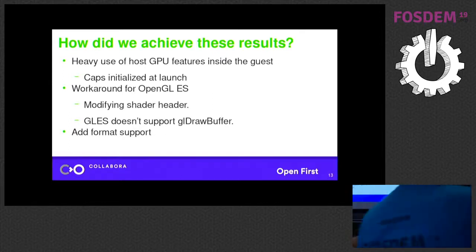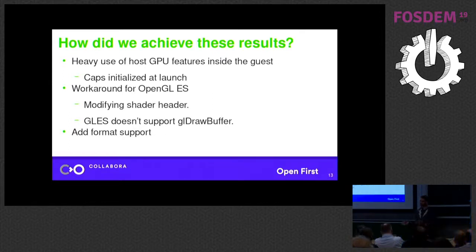And in order to achieve those results, for the rendering we are mostly using the host GPU. That means when we start the VM, we communicate the features available on the host to the guest, so we can just reuse those. But sometimes it's not possible to use that.